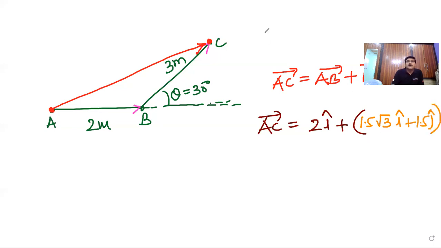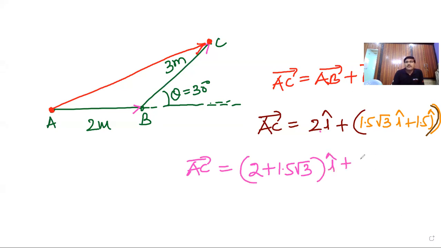Summing these things, AC bar, the displacement vector, is 2 plus 1.5 root 3, complete, i cap plus 1.5 j cap. Clear?